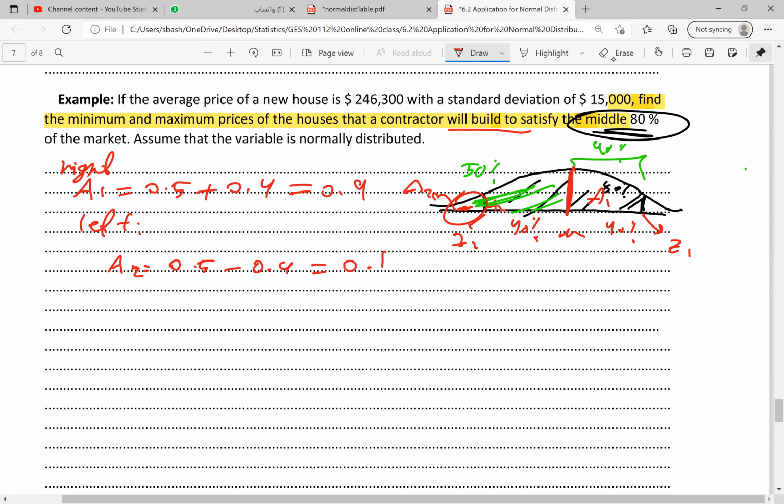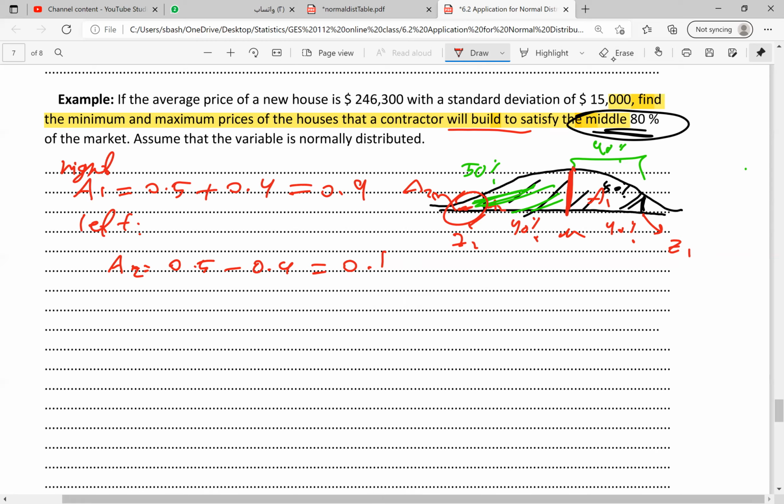So I have two areas. To the right, we have to add 0.4 to 0.5, and to find the left one, we should subtract 0.4 from 0.5 to get the area given in the table, which is equal to 0.1.